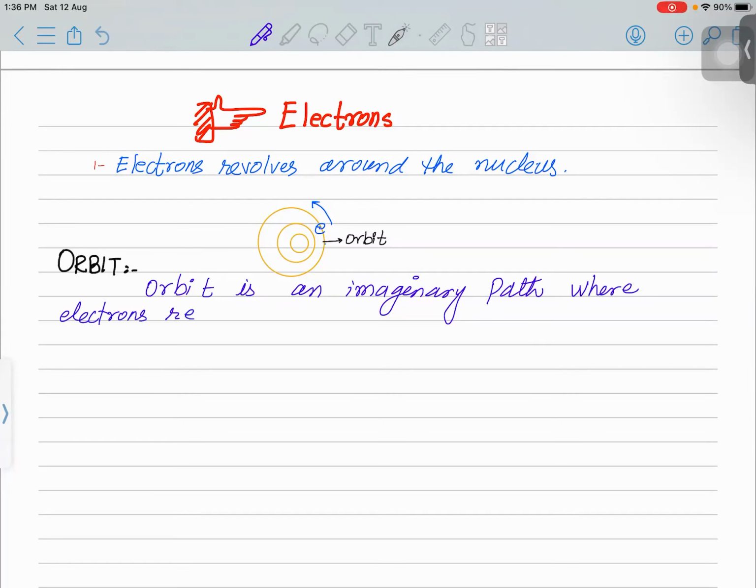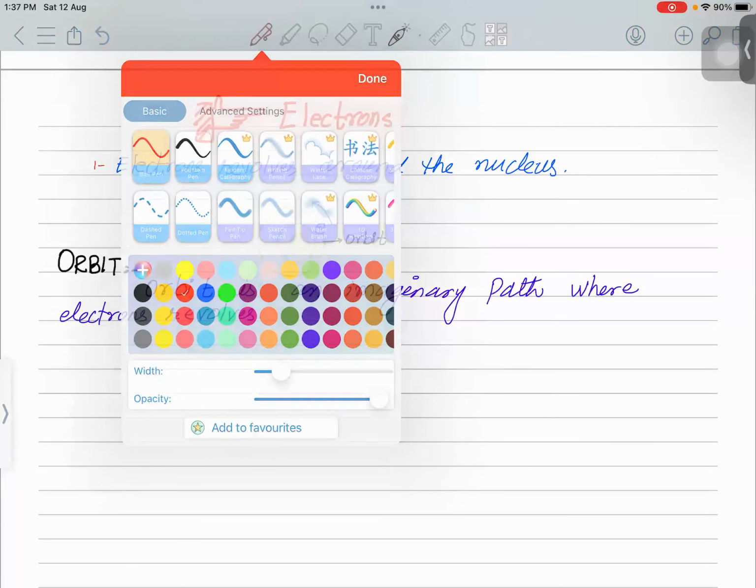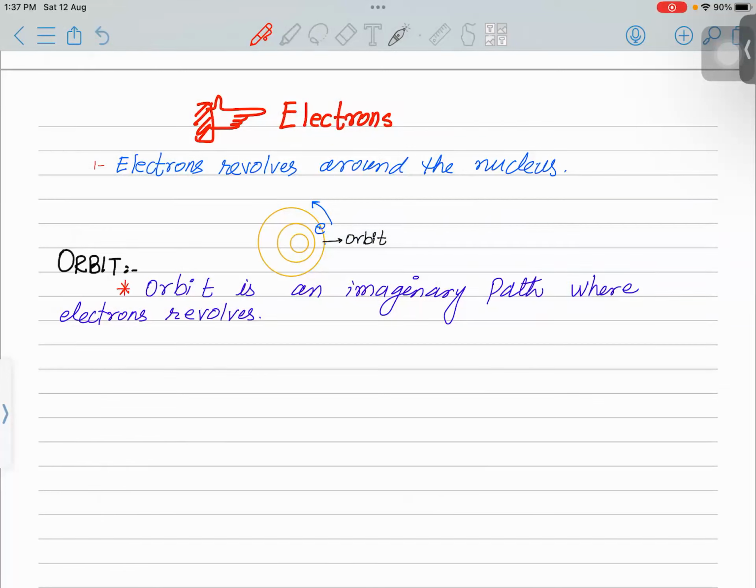Can anyone tell me another name for orbit? Shell. So the next point is that another name of orbit is shell.